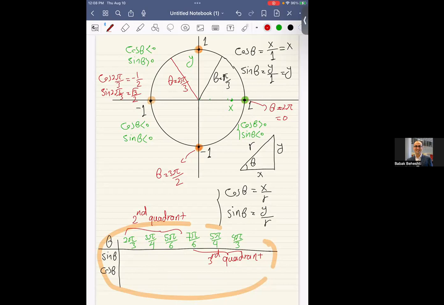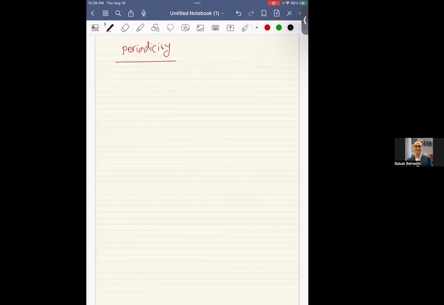So I pause it. I mean that cosine of theta plus 2 pi is equal to cosine of theta. The same for sine.